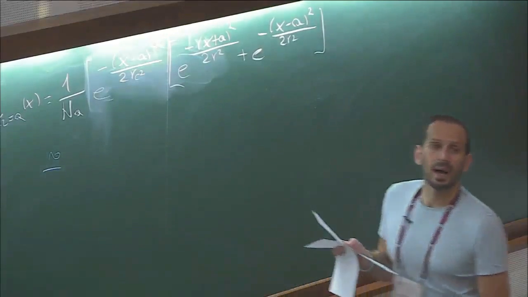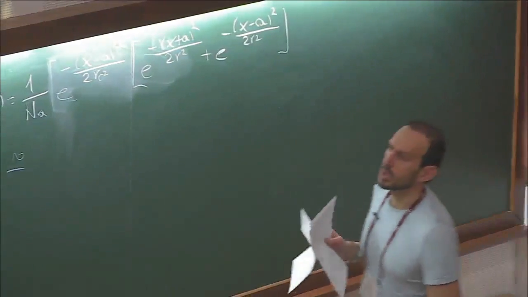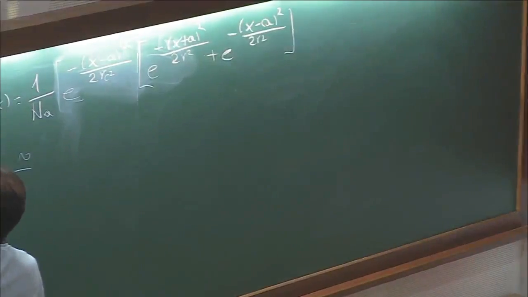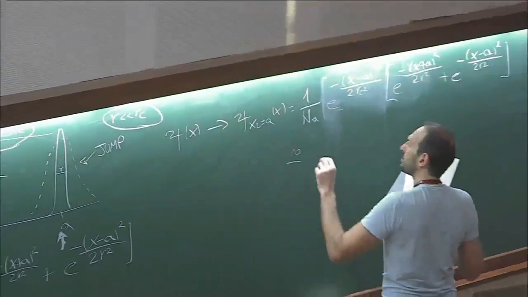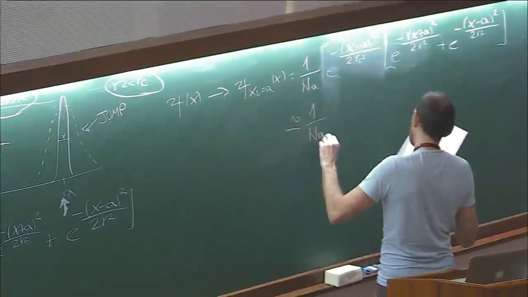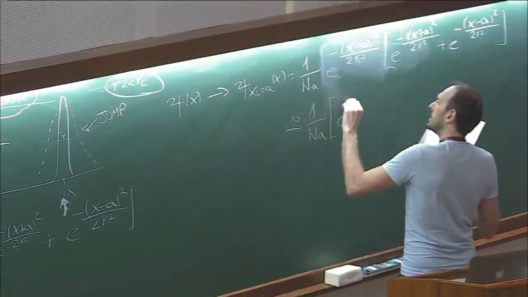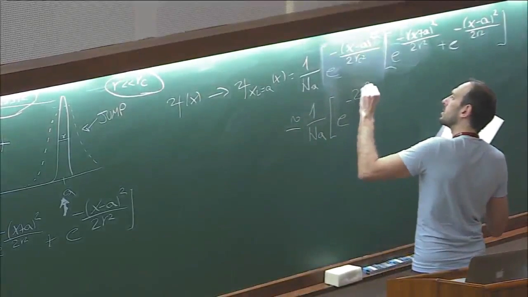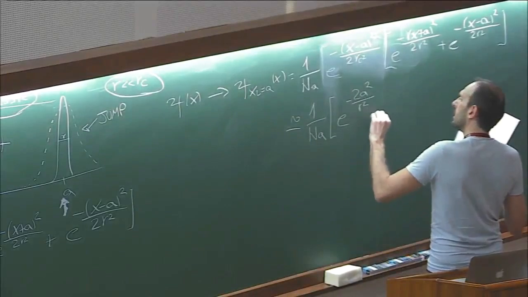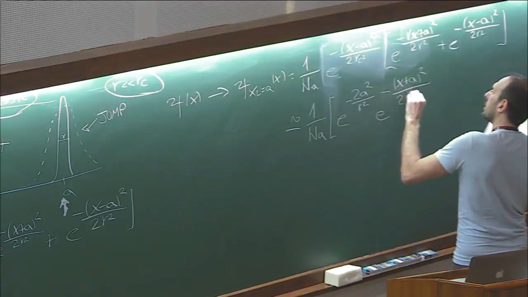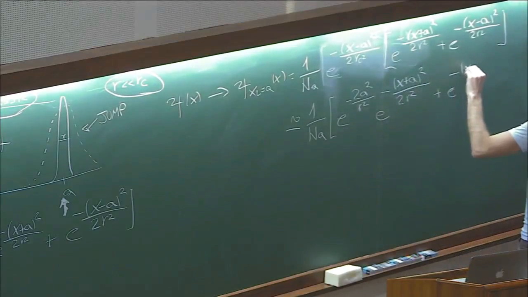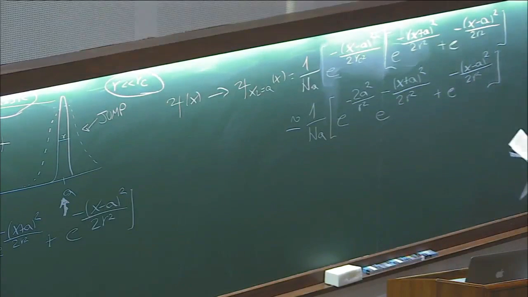you will find that under our approximation, when you implement these two approximations, this becomes practically equal to 1 over a, e to the minus 2a squared over r squared, e to the minus (x plus a) squared over 2r squared plus e to the minus (x minus a) squared over 2r squared. This is the easy result.